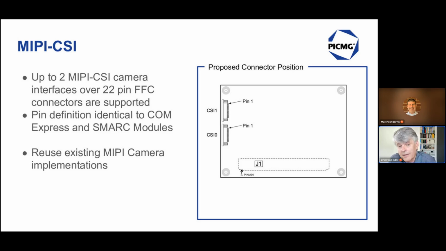The pinout is identical to the COM-Express or SMARC implementations, which means there's good exchangeability or reusability of technologies which are in place already. So up to 4 MIPI cameras, as each connector has 2 channels, might be connected by these flat foil cables.